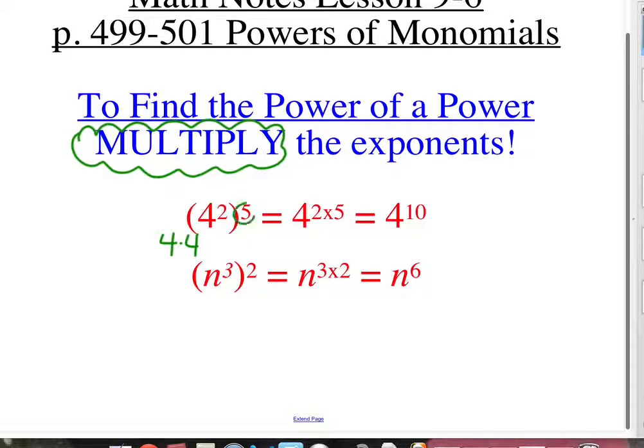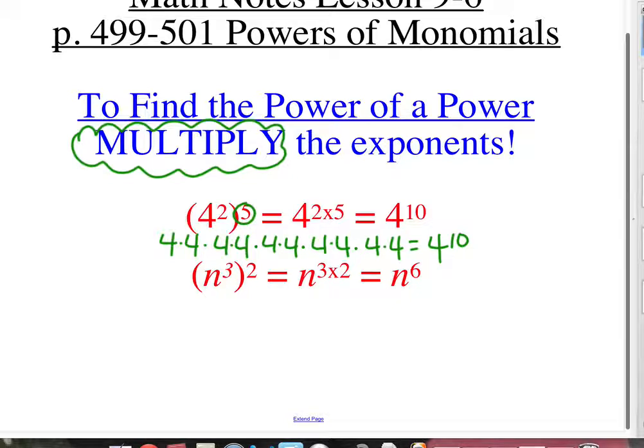But we have 5 of those, all being multiplied together. How many are there? Count them. There's 10. It's 4 to the second power, and then you have that 5 times. So it's 4 to the 10th.